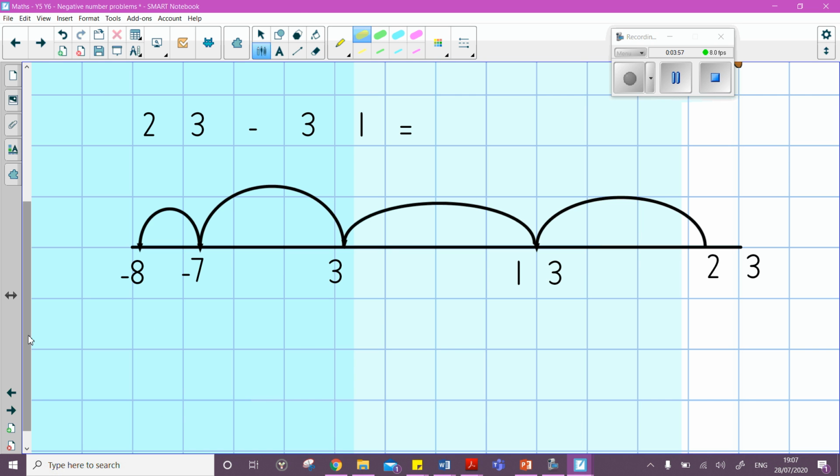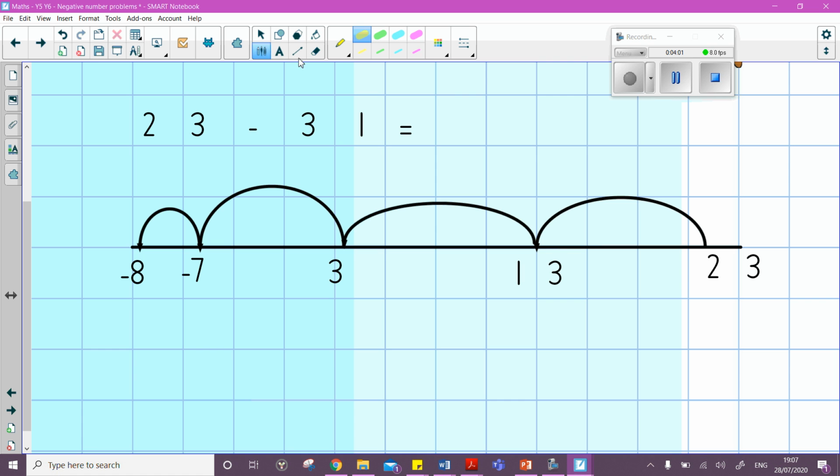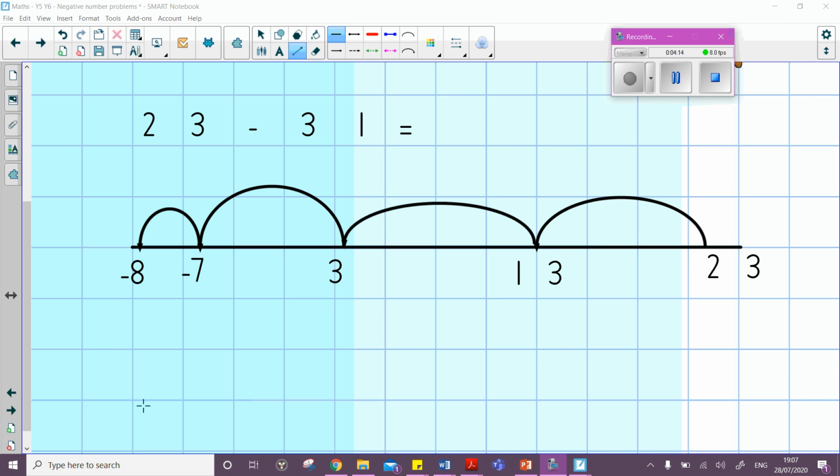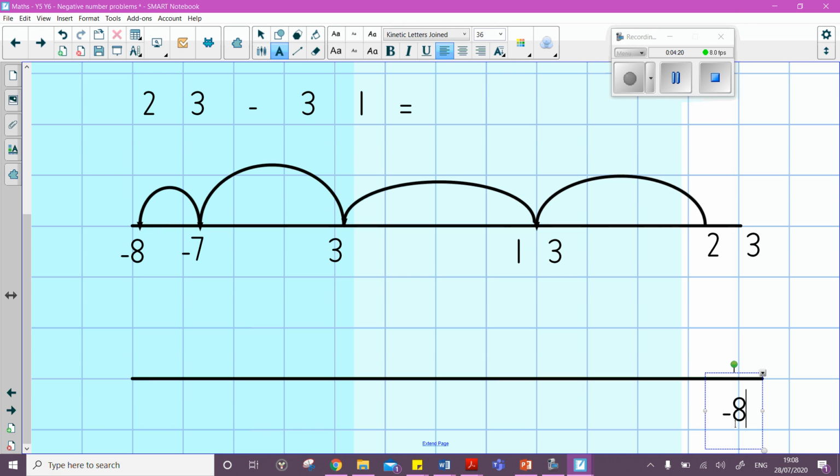So she's spending £15 again. We know in her bank she is minus £8. So if I was to draw my number line again, minus 8 would go at the start of my number line here. So let's draw my number line. I would have minus 8 here, and she spends £15.